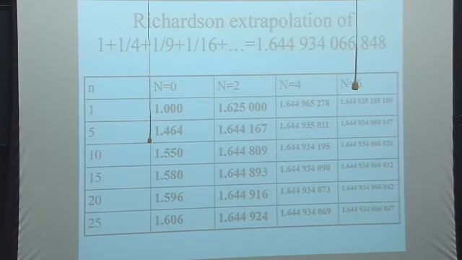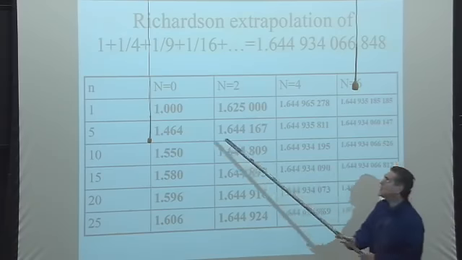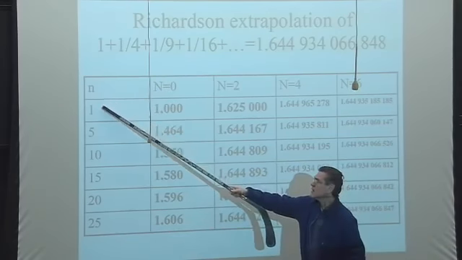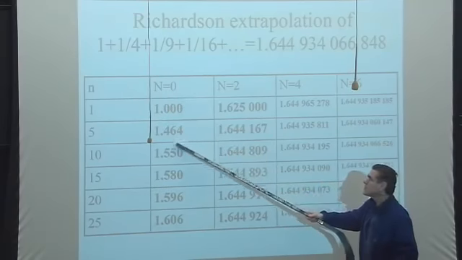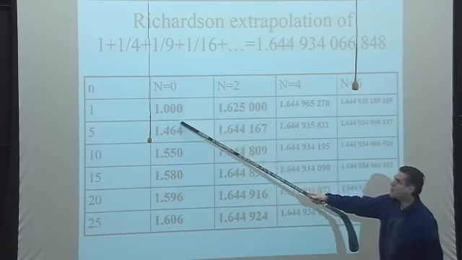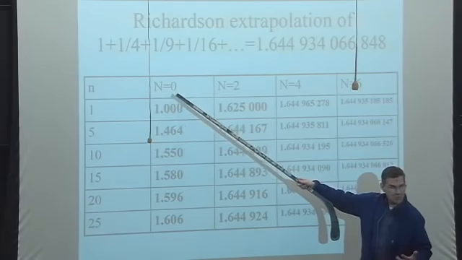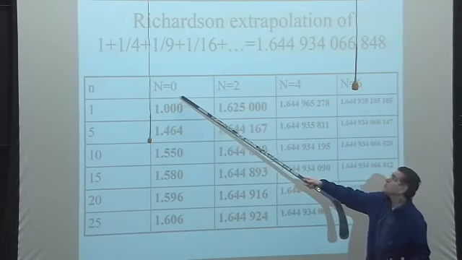In order to get 12 places accuracy, you would have to add up 10 to the 12 numbers. That's hard to do on a pocket calculator, okay? On the other hand, what I'm doing here is writing down the nth partial sum, okay? And here's what you get. This is the 0th Richardson, okay? This is the Richardson 0.